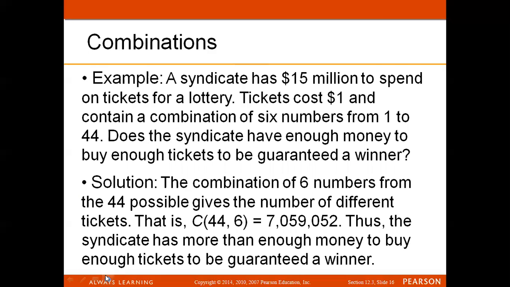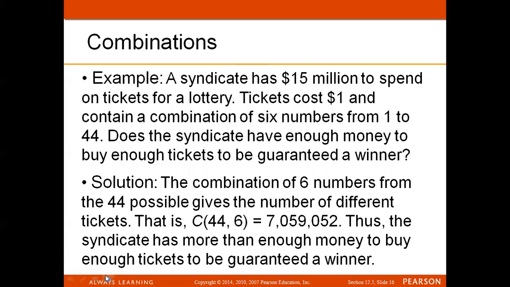A syndicate has $15 million to spend on tickets for a lottery. Tickets cost $1 and contain a combination of 6 numbers from 1 to 44. Does the syndicate have enough money to buy enough tickets to be guaranteed a winner? The solution: the combination of 6 numbers from 44 possible gives the number of different tickets.